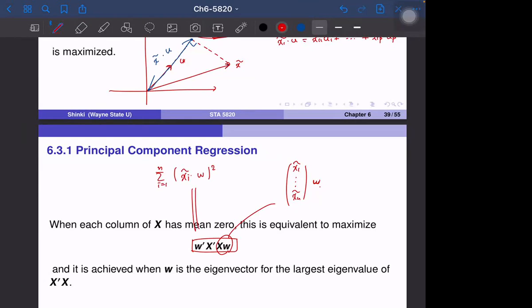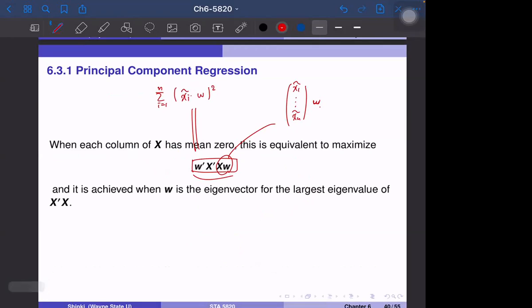And how to achieve this? Actually, when w is the eigenvector for the largest eigenvalue of x prime x, then this quantity is maximized. I don't prove it, but if the size of x prime x w is maximized, then basically when we multiply by w prime, it will be maximized.